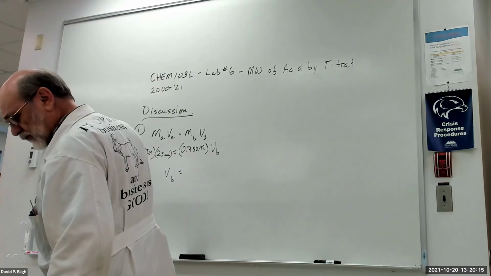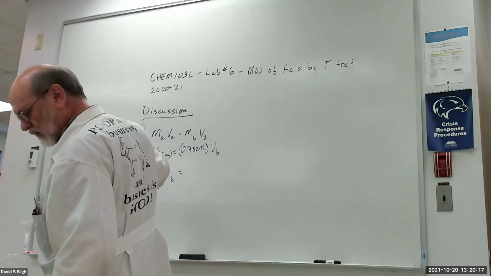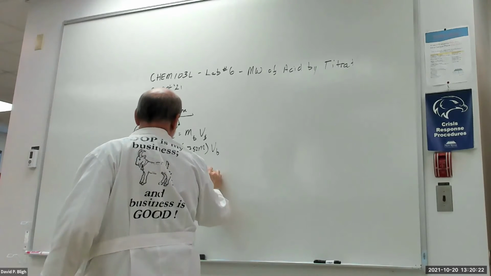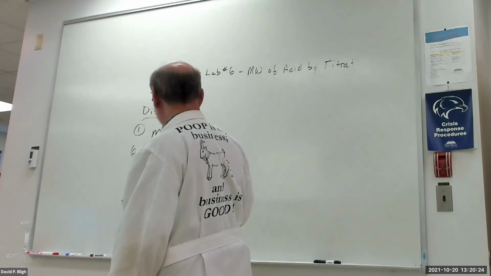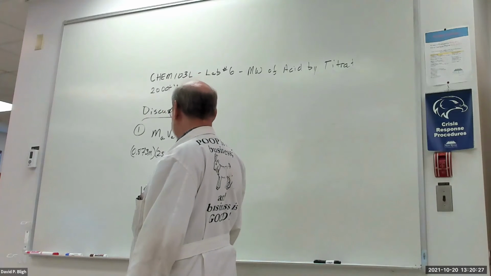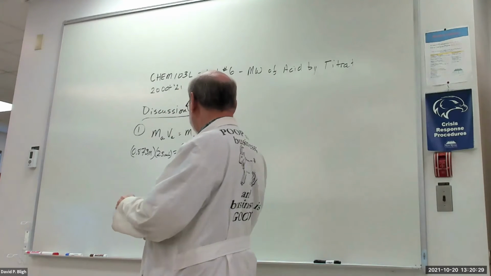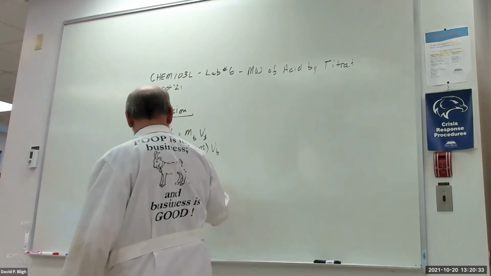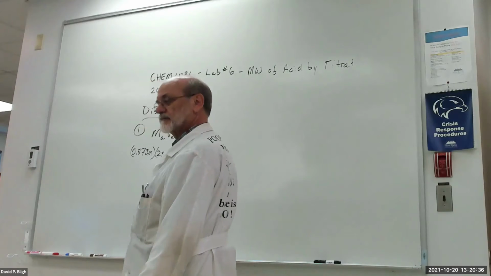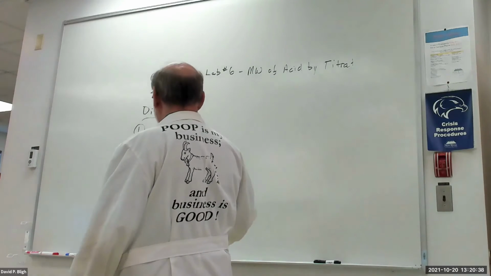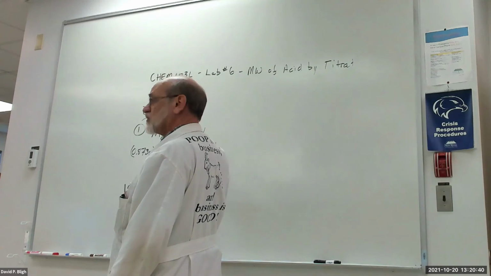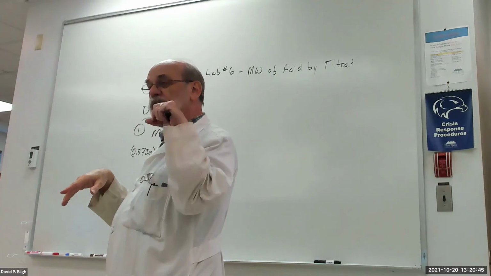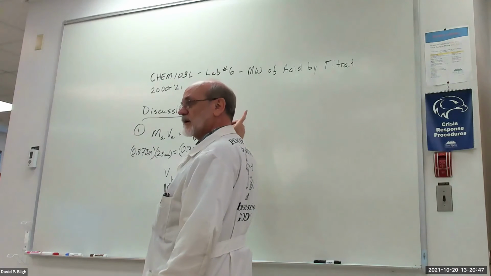Oh no, we got 3. 29.1 milliliters of the base. We'll do that titration. And that makes sense. This is less than that, so this has to be bigger than that. If you're doing a titration in which you've got different numbers of protons and hydroxyls in each one, then you should set up the stoichiometry and work it from that.